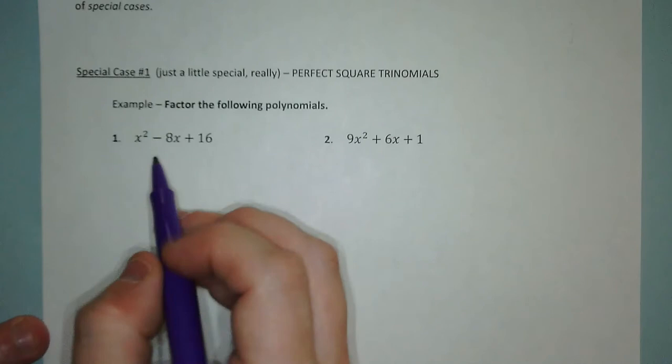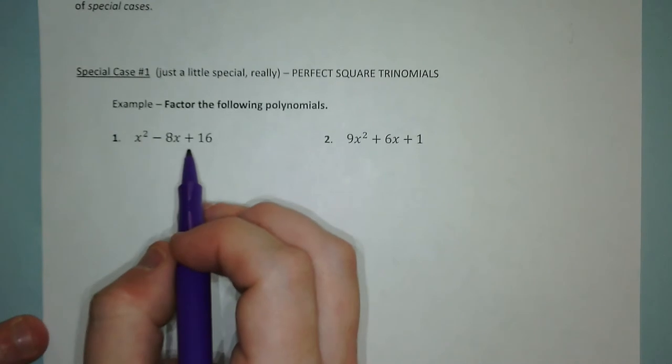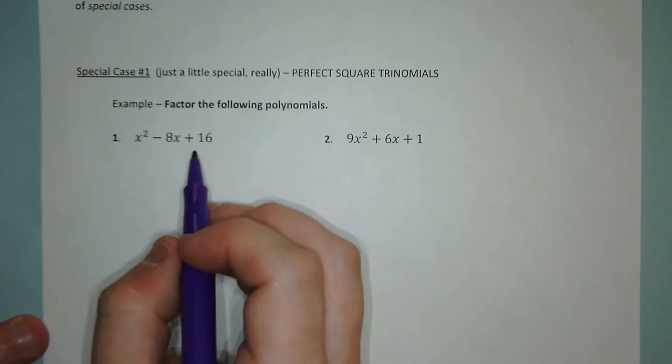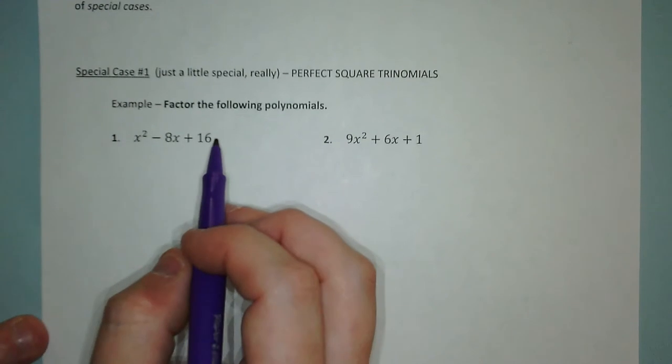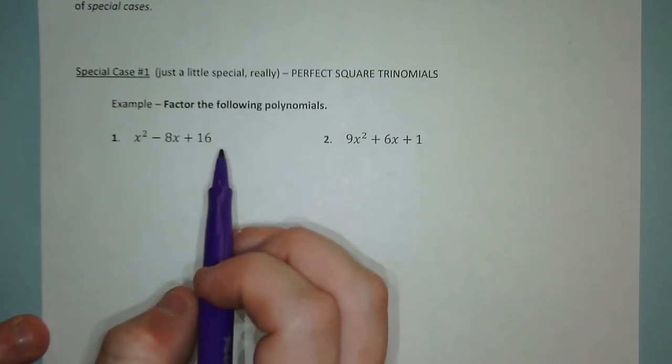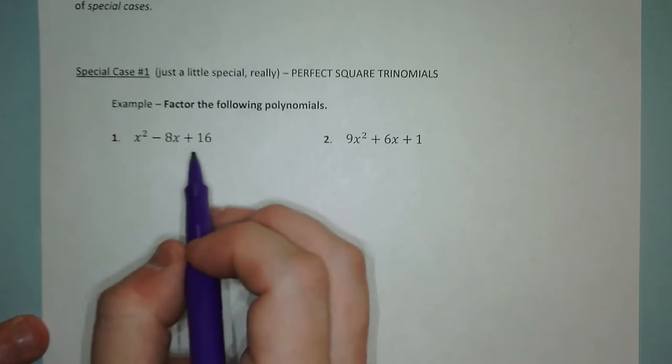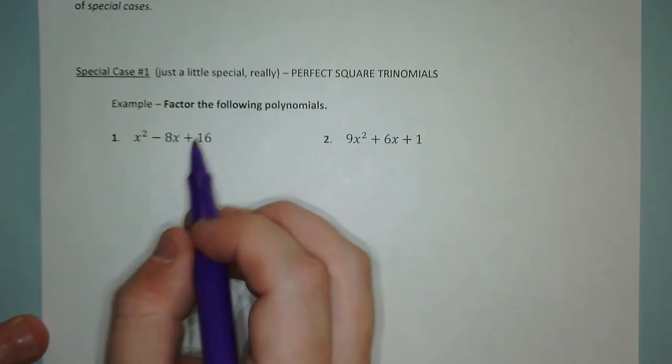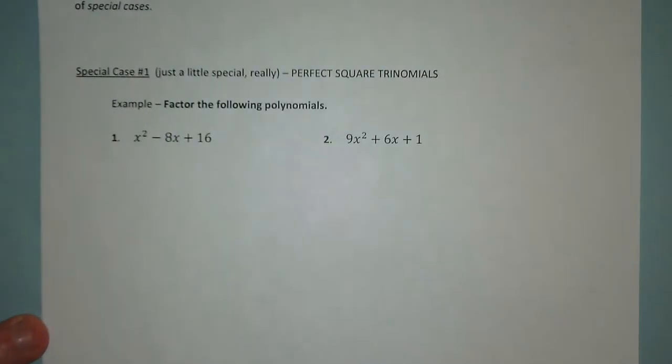So Jack, it always boils down to the same overall strategy, which starts off with trying to do what? What's the first method we try, Jack? Always, no matter what. GCF. Is there one here?